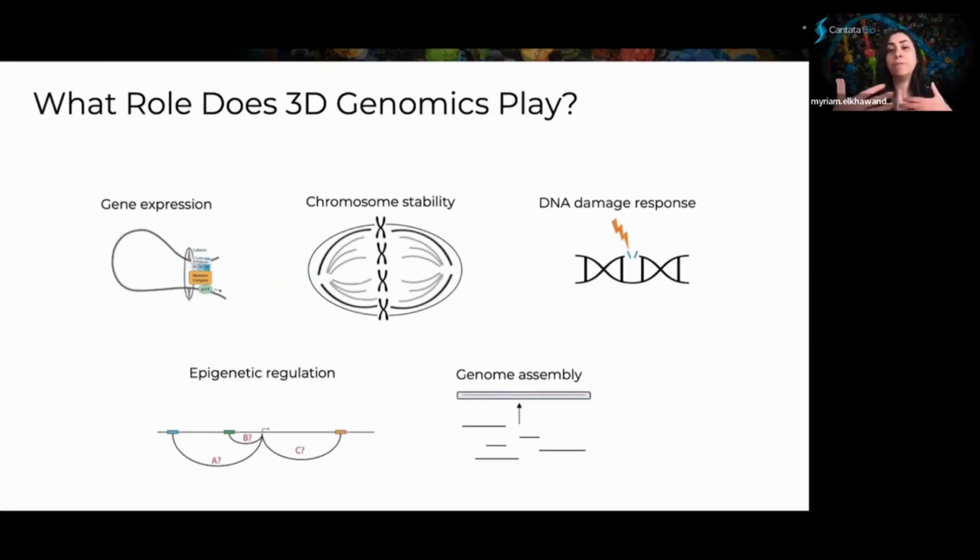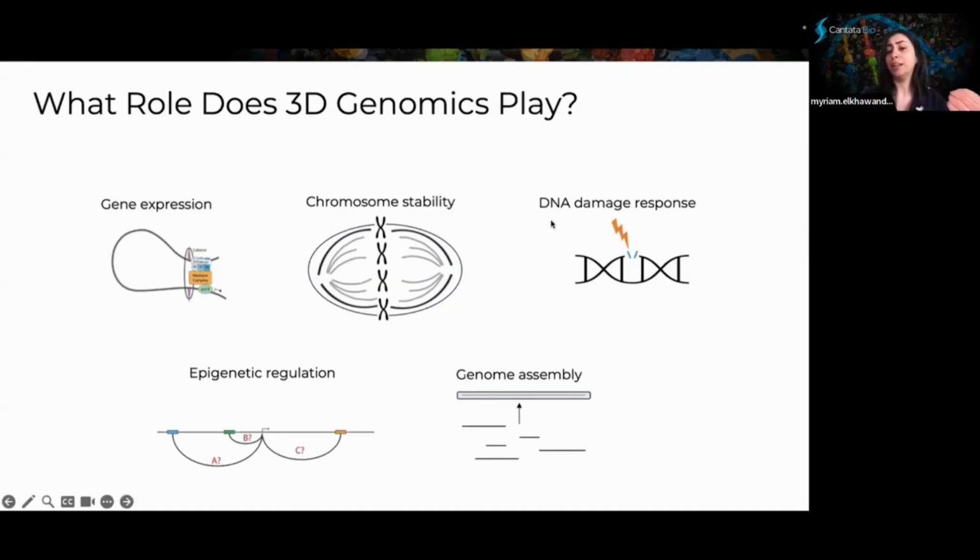So it will influence the gene expression and the activating and the repression of the gene based on this accessibility of the transcription machinery to the DNA site. It also plays a role in chromosome stability, and it helps maintain the chromosome structure during cell division. So you're having less likelihood of a breakage or a genetic material loss when you're having that cell division. So it maintains the chromosome structure.